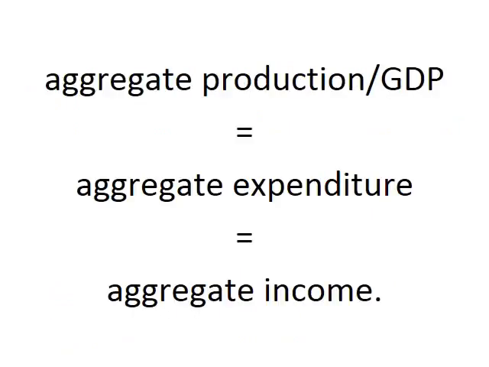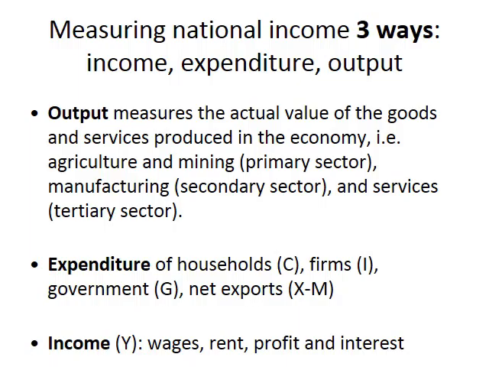So aggregate production or GDP equals aggregate expenditure equals aggregate income. The first one, aggregate production, means simply the value of all the goods and services produced. So, measuring national income three ways. We've talked about this: the income approach, expenditure approach, and output.